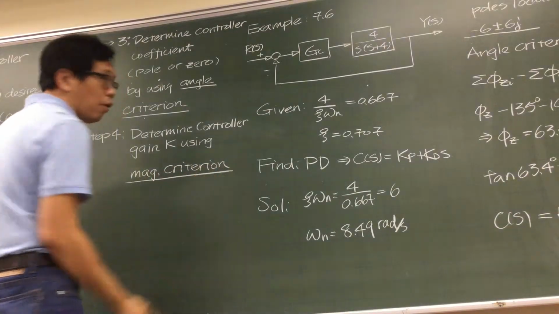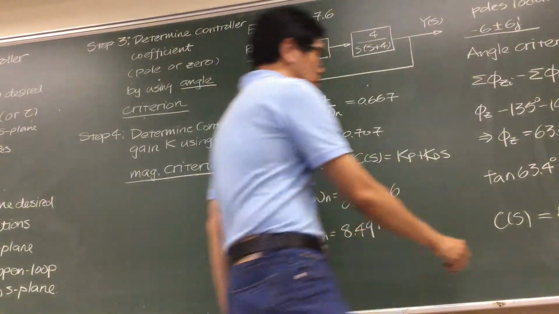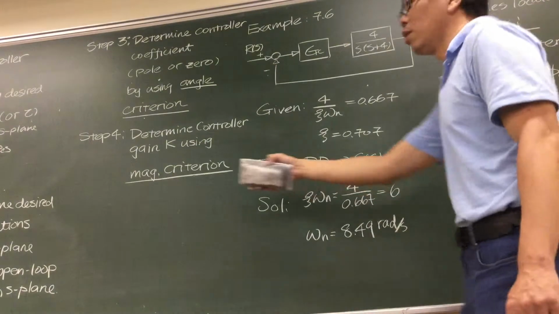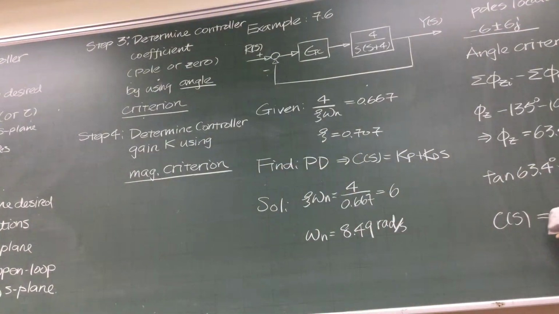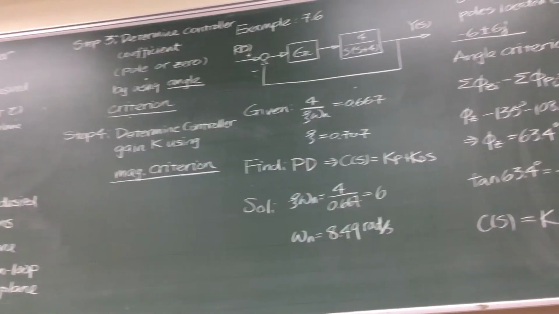But how are we going to use that? Before I move to this step, any question so far? Is that straightforward? So I have identified my open loop poles and zero. Then I need to make a way to ensure it's going to be attracted to those two positions. That's the goal.